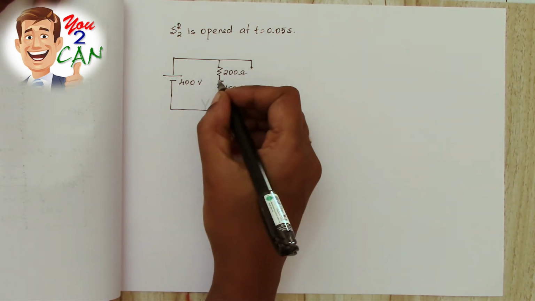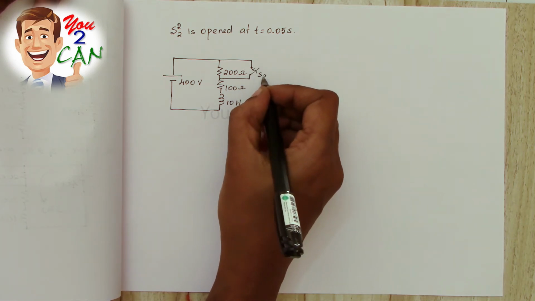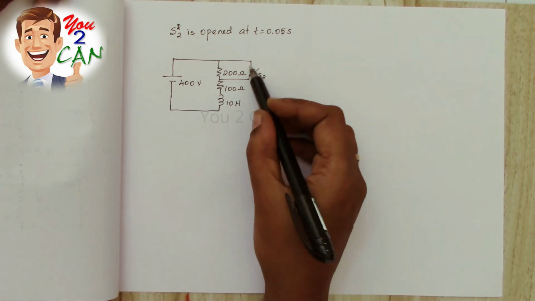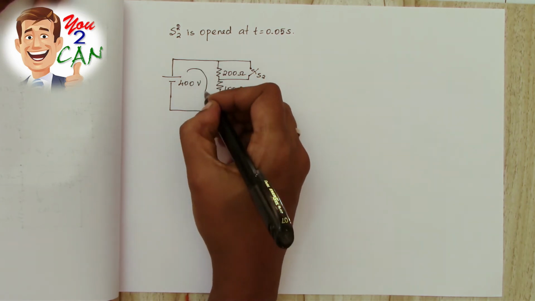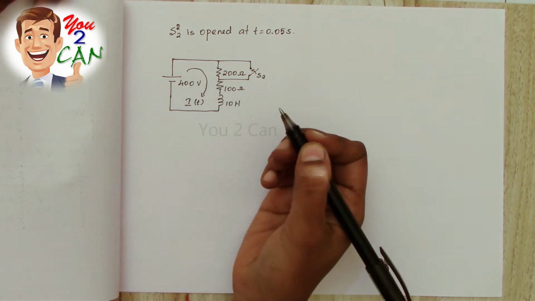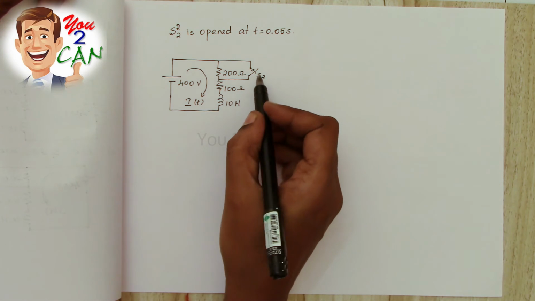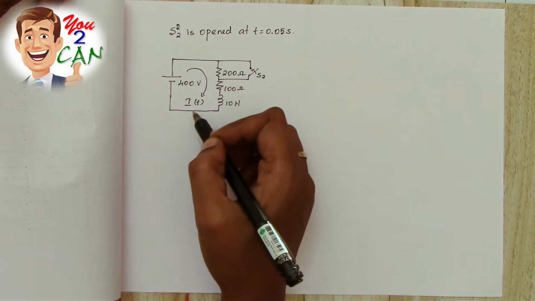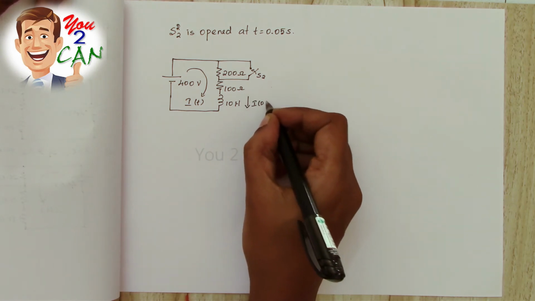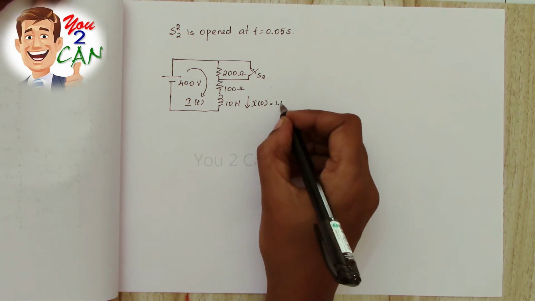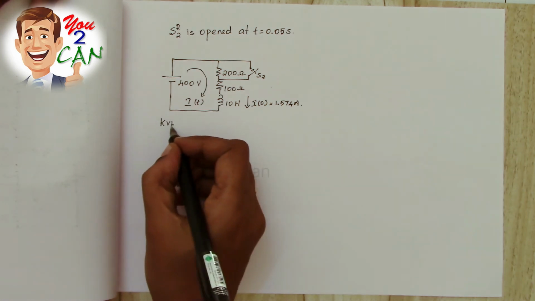Now the switch S2 is opened. This is the switch S2. Switch S2 is opened means this 200 ohm is included in the circuit. Now you have to find the transient current. This is the question asked. Before this, when the switch S2 is closed, a current flows through the circuit. That will be the initial current for this inductor, that is I0 is equal to 1.574 amps.